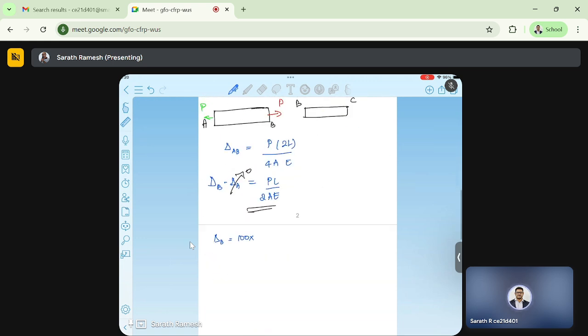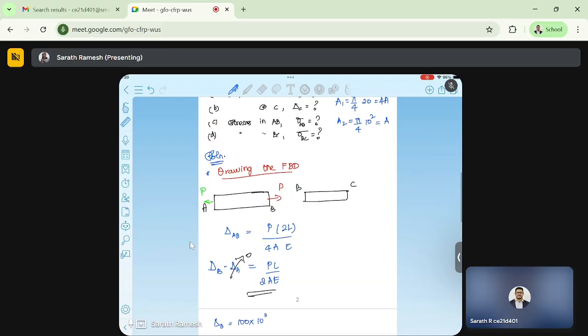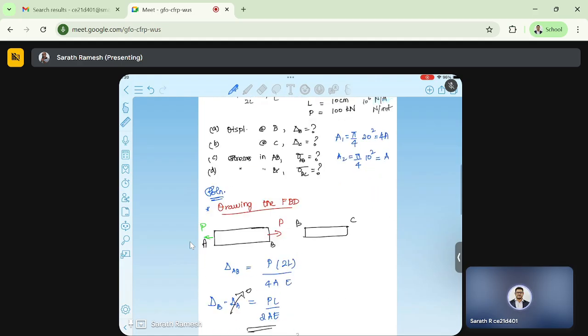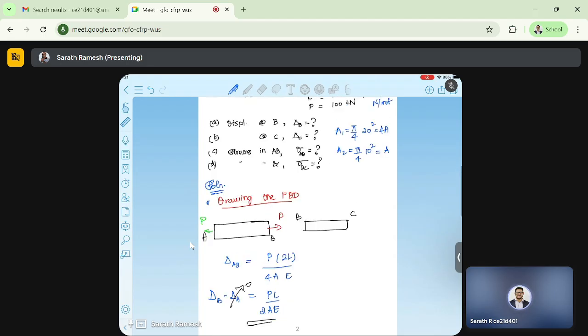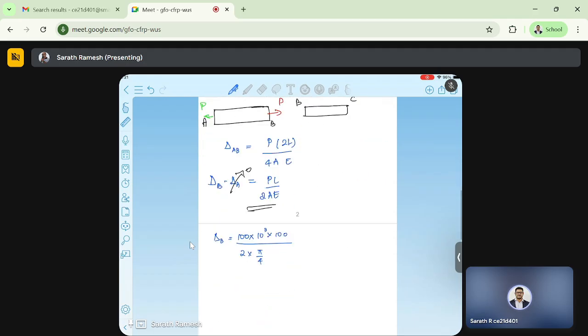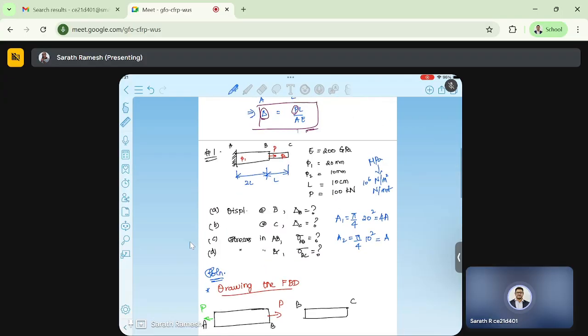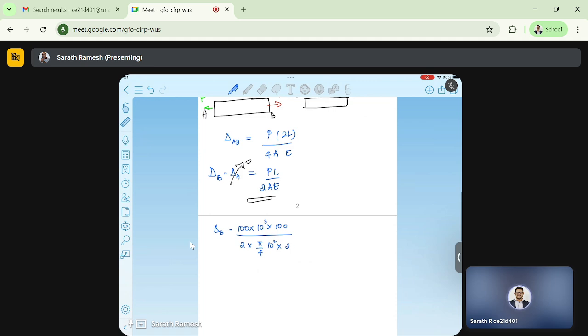So this is equal to 100 into 10 power 3. Length is 10 centimeter, 10 into 10 is 100 mm, divided by area 2 into pi by 4 D square. What is my diameter? It is 10, right? So 10 square into E. E value is 200 gigapascals, so 200 into 10 power 3 megapascals.